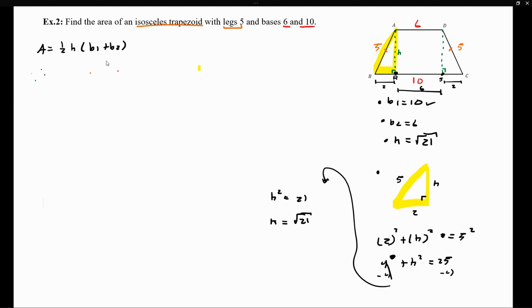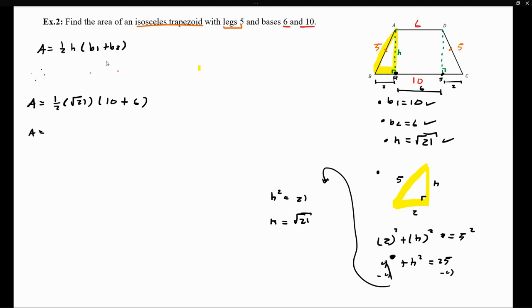And once I know base 1, base 2, and the height, then I have enough information to define the area. So the area of this trapezoid is 1/2 times h, which we already found to be the square root of 21, times b1, which is 10, plus b2, which is 6.